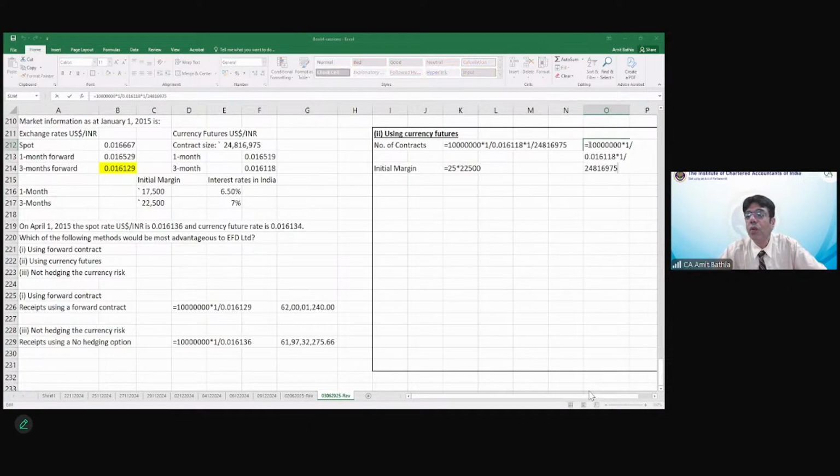I will just use the round off function over here to avoid any challenges. Okay, all right. 560,500 is my initial margin. What is the receipt I'm going to get now? What is the receipt I'm going to get?